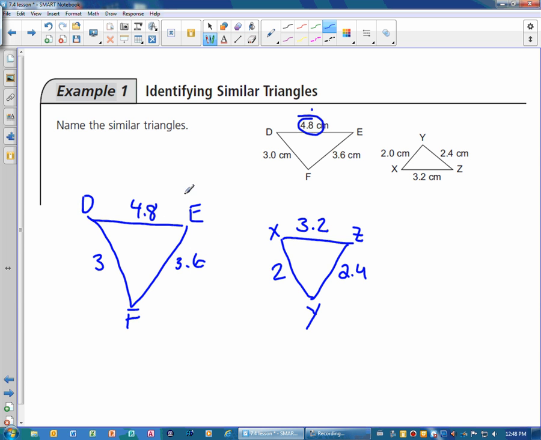So I'm going to check these proportions here. I need to make sure that this divided by this is the same as this divided by that. And then I need to make sure that it's the same as this divided by that. Okay?